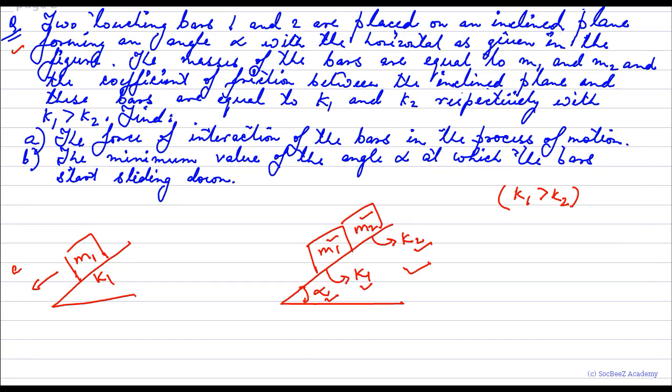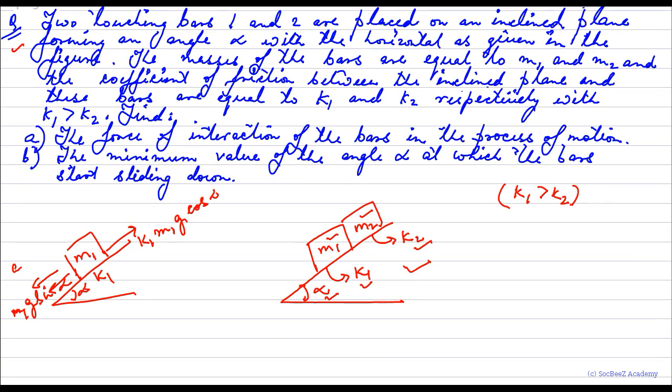There is going to be some frictional force directed in this particular direction. Its magnitude is going to be k1 m1 g cos alpha, and there is going to be a force acting in this direction due to the component of gravity, which would be m1 g sine alpha.